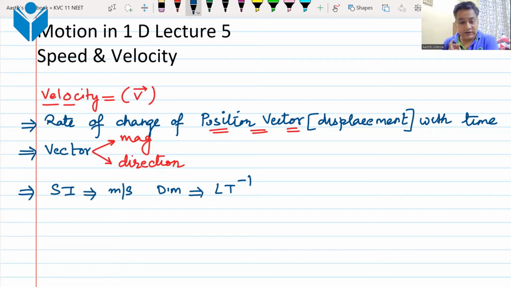When you talk about velocity, you can also talk about the various types of velocities that you are going to encounter.